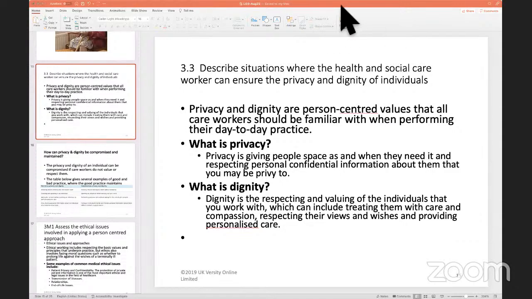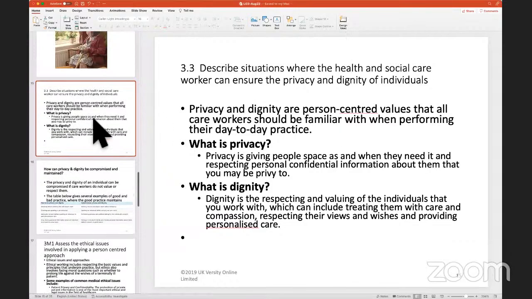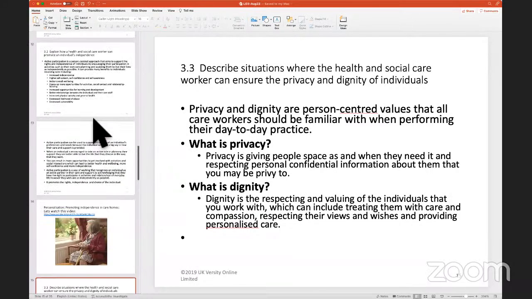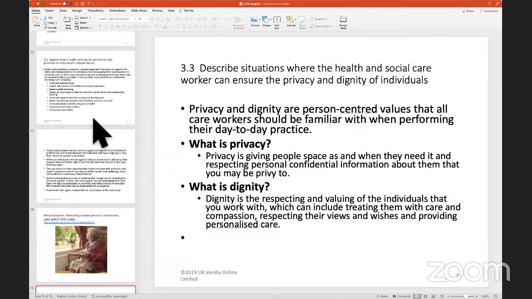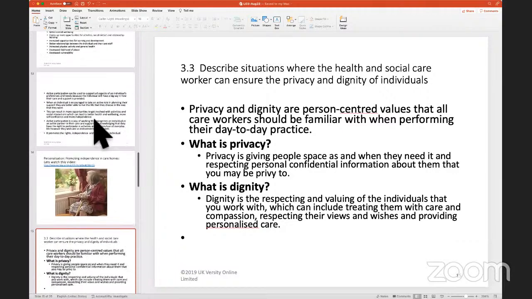So these slight variations are sometimes required to be implemented in order to ensure that the patient's independence is promoted. And this is done in tandem, in close working with the care worker who's providing the care.